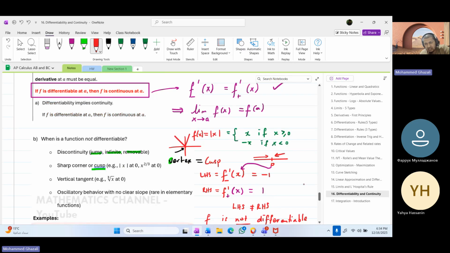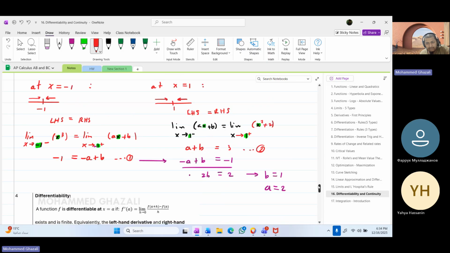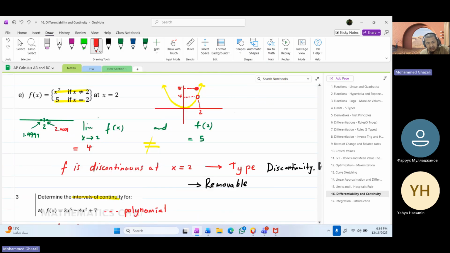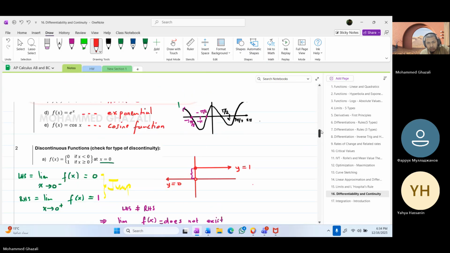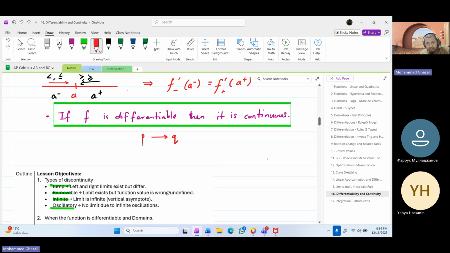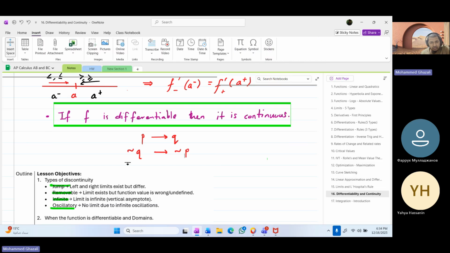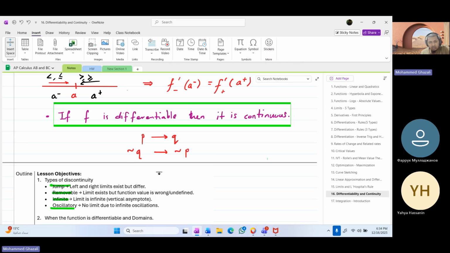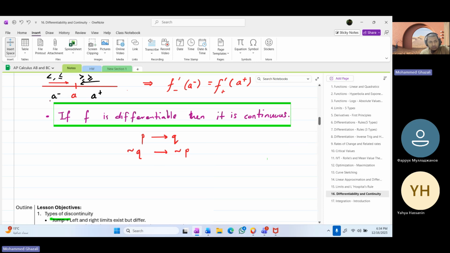Can we write this? Look here. I did write P implies Q. You can also write not Q implies not P. This is called the contrapositive. What does this mean now?